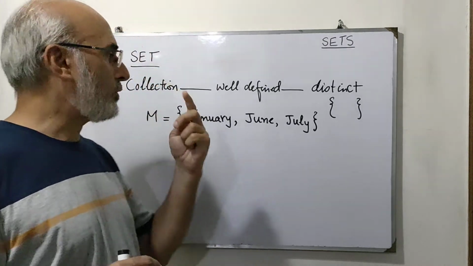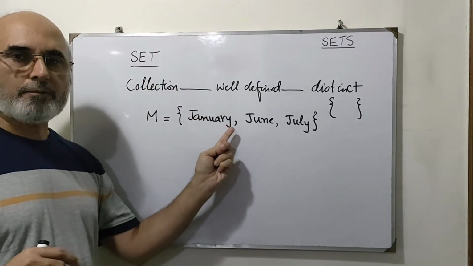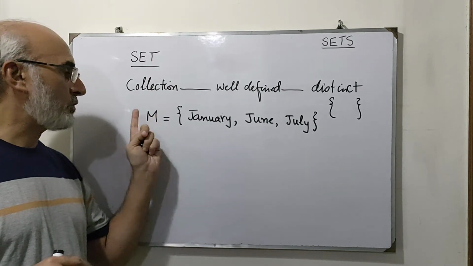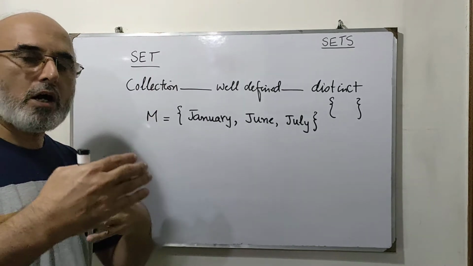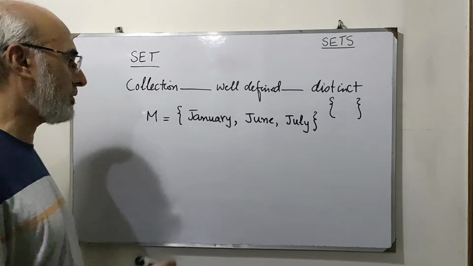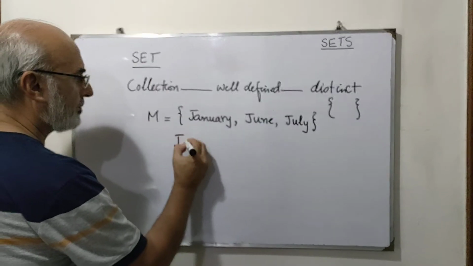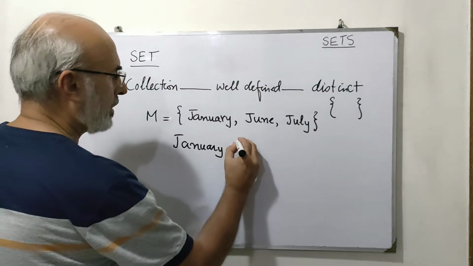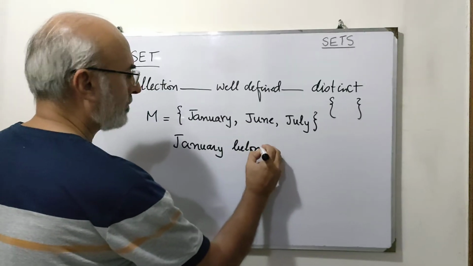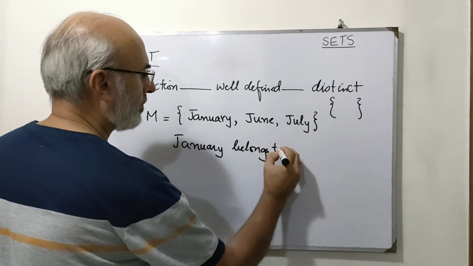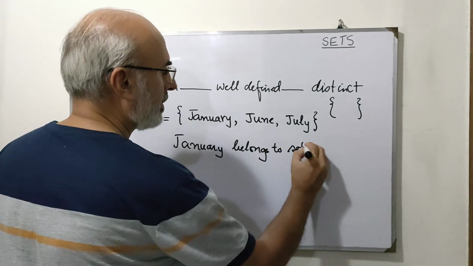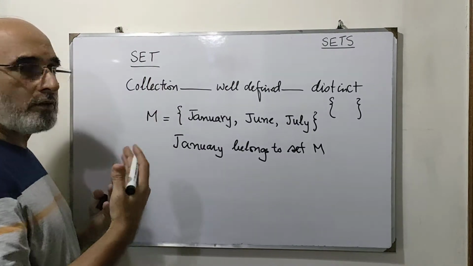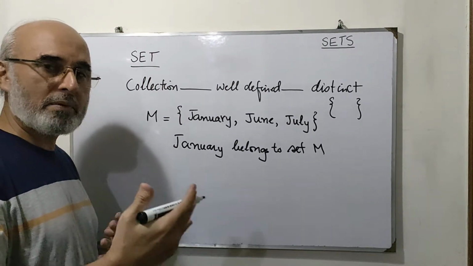Okay, and there is a mathematical way of saying things as well. If I want to say this January belongs to this set M, how am I going to say this? January belongs to set M. Now this is in English, so how to say it in a mathematical way?